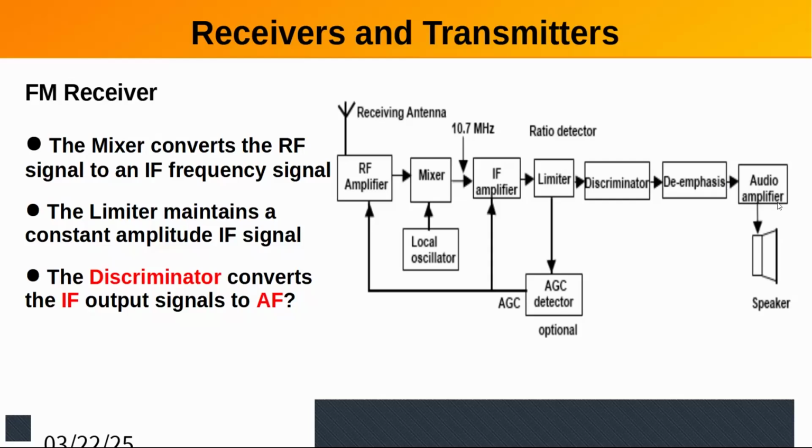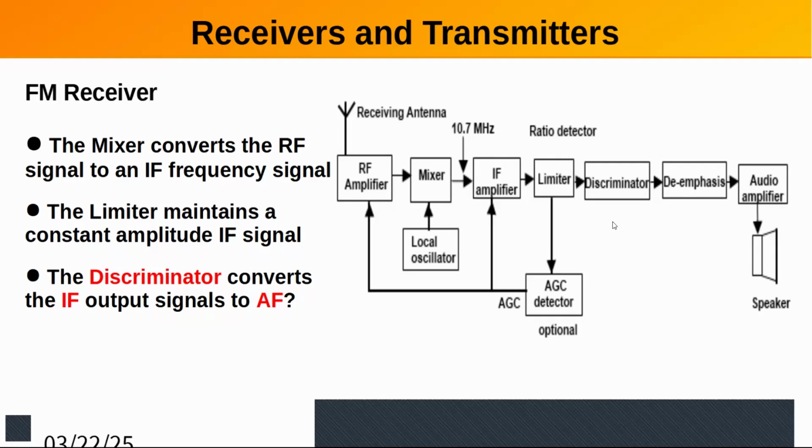Excuse me a second, Bob. Okay. Discriminators typically have a limited linear range, and that's the reason for the limiter. The discriminator has a limited operating range that's more or less linear, and so the limiter is needed to keep the discriminator in its proper range. Okay, well, I thought it had to do with the amplitude changes.